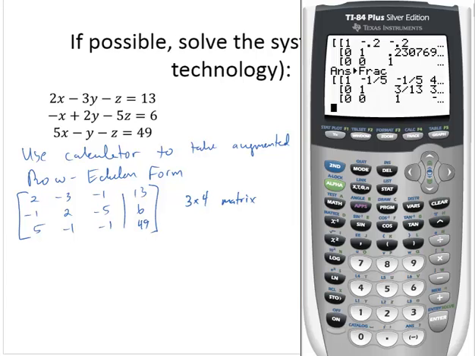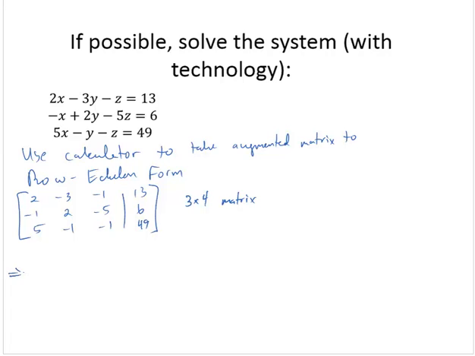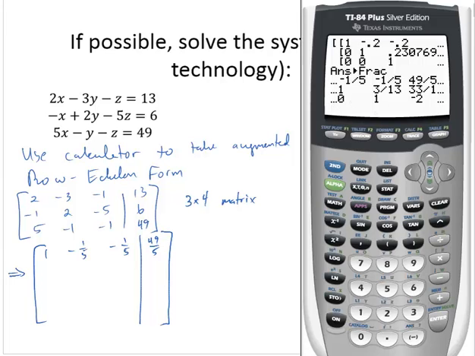1, -1/5, -1/5, 49/5. Alright, and then we have 0, 1, 3/13, 33/13.